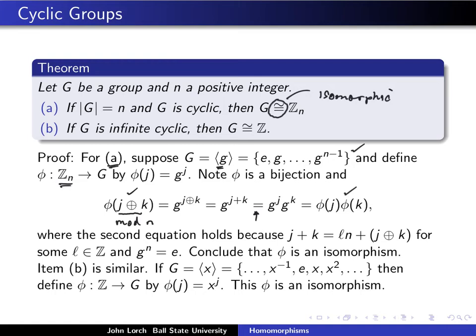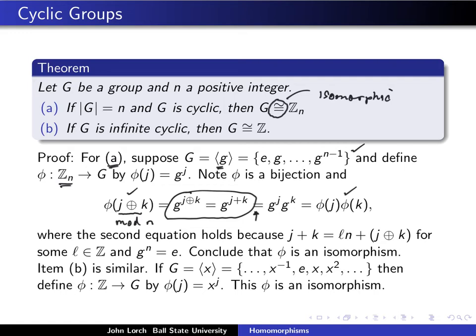We've shown that phi preserves the operation. Now, the important part of this chain of equations really is in this step right here. We can see that's true because j ordinary addition with k is some multiple of n plus the circle plus of j and k.